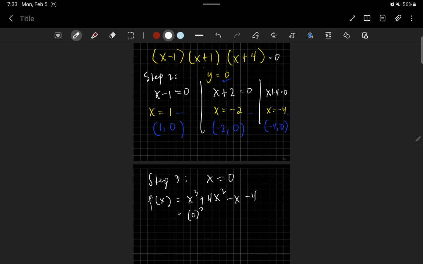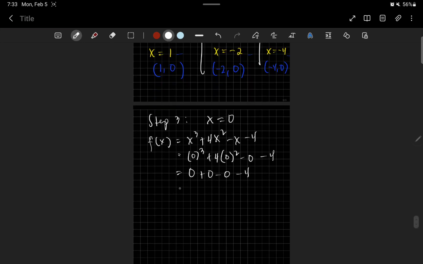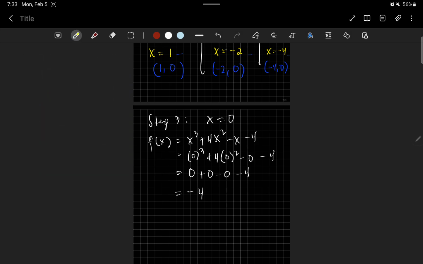So, that is 0 raised to 3 plus 4 times 0 raised to 2 minus 0 minus 4. 0 raised to 3 is 0. 0 raised to 2 is 0 times 4 is 0. So, 0 plus 0 minus 0 minus 4 is equal to negative 4. Therefore, y is equal to negative 4, and the ordered pair here is 0, negative 4.